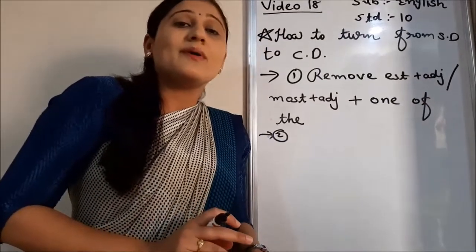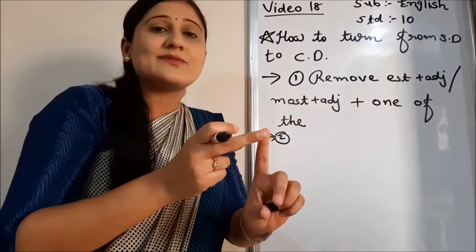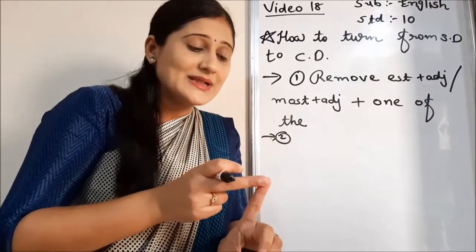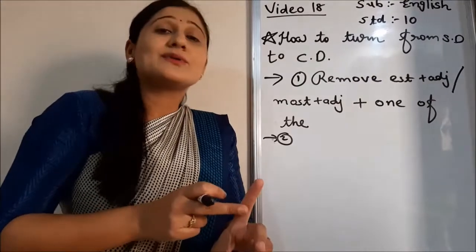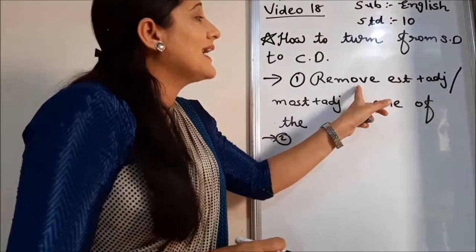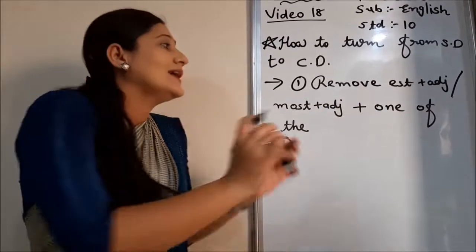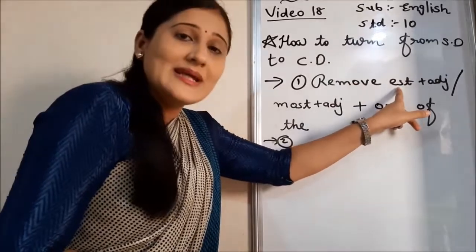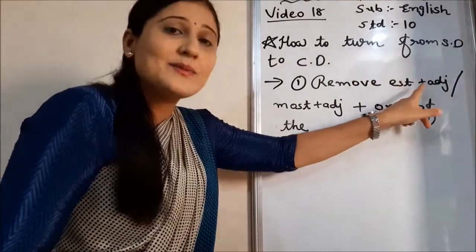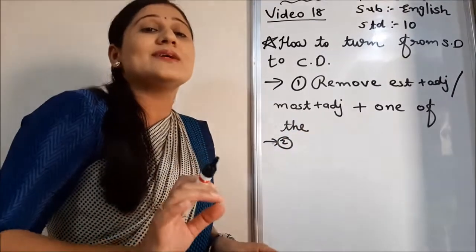I hope you remember when I explained common information about all the degrees. First I explained positive degree, second comparative, and third superlative. I told you that to make superlative degree you need to use EST plus adjective. In comparative, ER plus adjective; here EST plus adjective, and most plus adjective if the adjective is long.